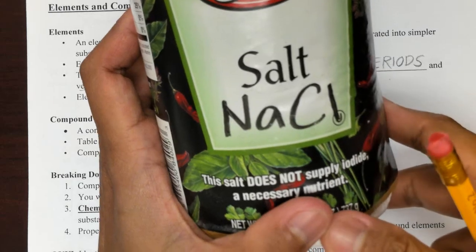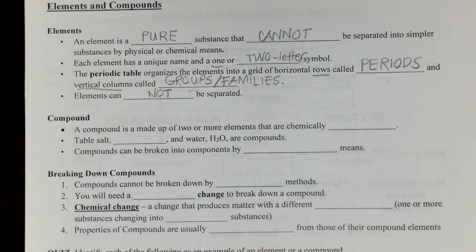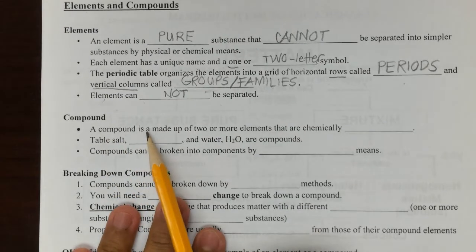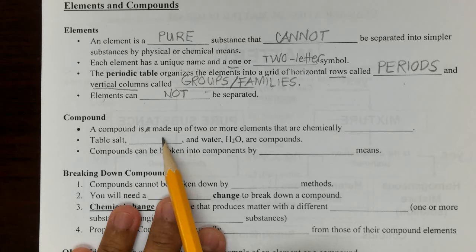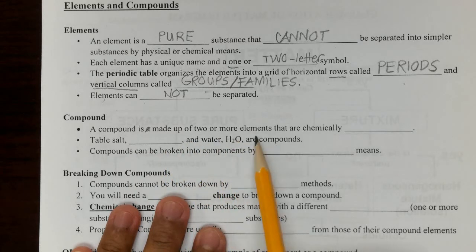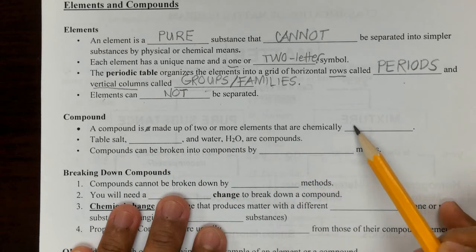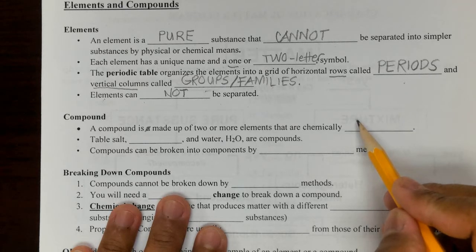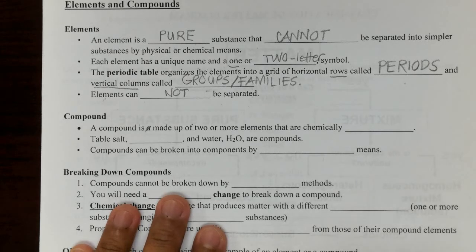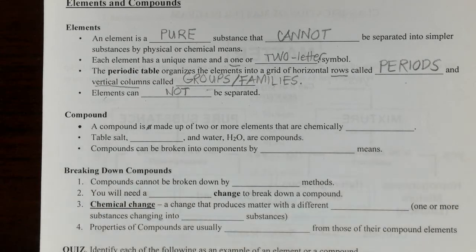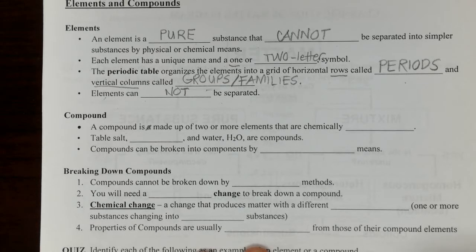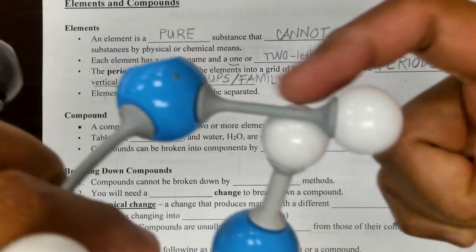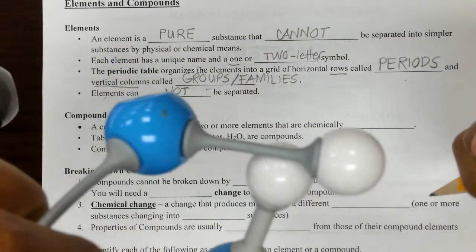Okay? So going back to my compound here in this chart. So a compound is made up of two or more elements that are chemically, what do you think should be the word here? Chemically, when they have chemistry, what is formed again? They form, how do we call the connection between those elements of different atoms?